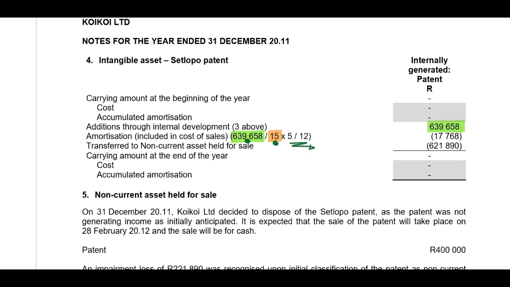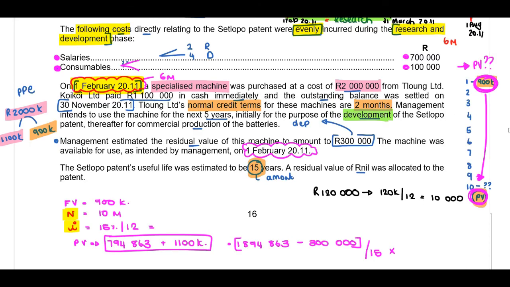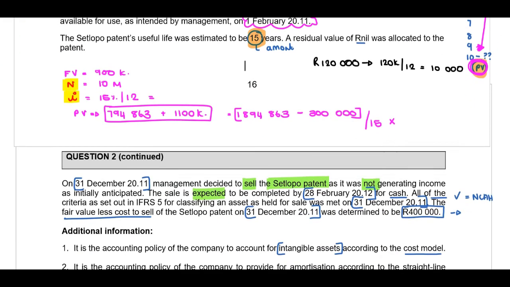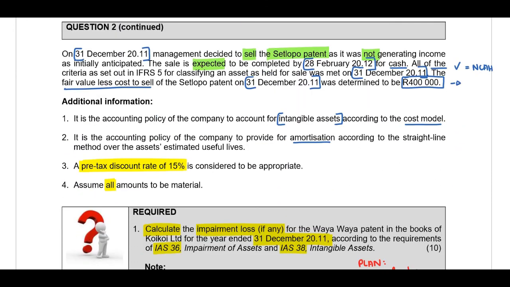Then, look at this. There's a transfer to non-current assets held for sale. To be able to identify this, we should have read through the information a little bit further. Remember, they've indicated to us that the said lawful patent will be recognized as a non-current asset held for sale on 31 December 2011.